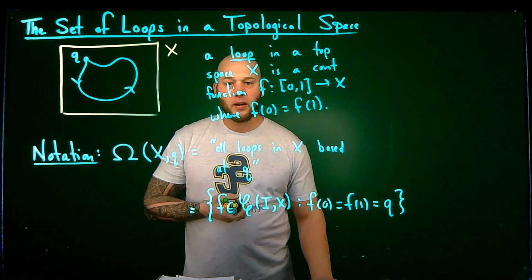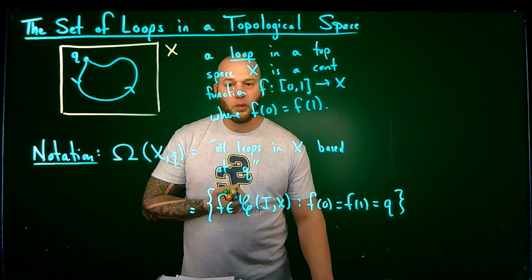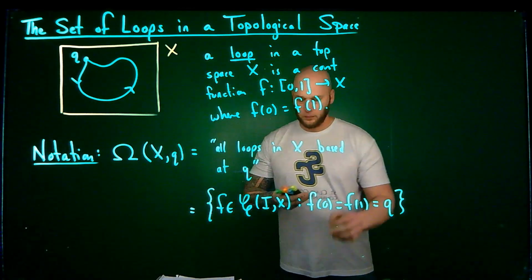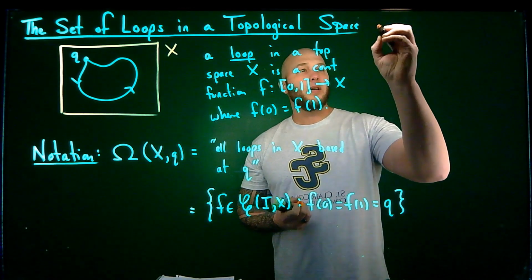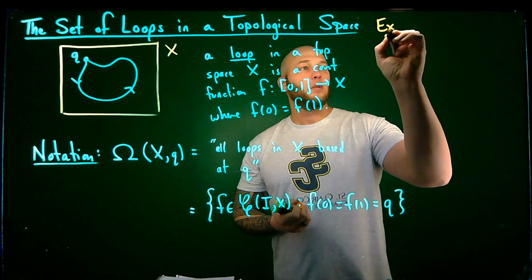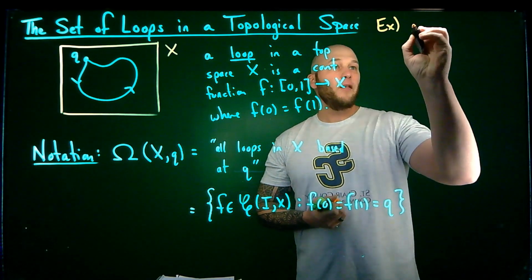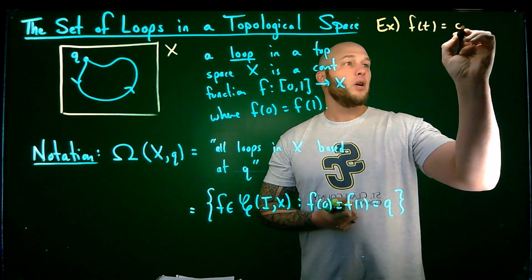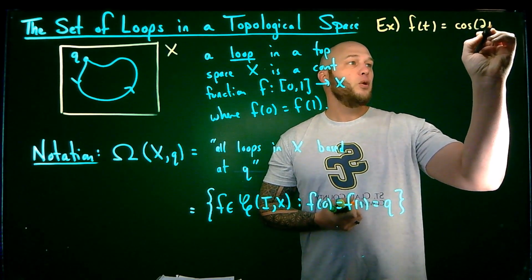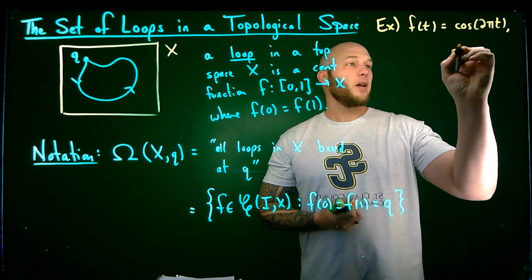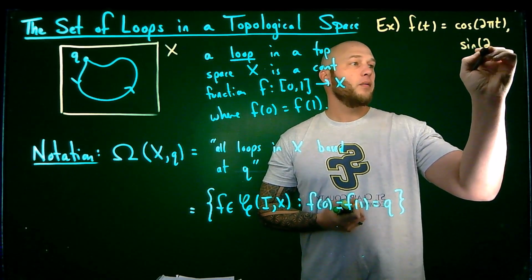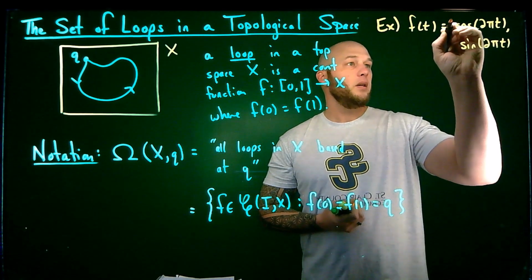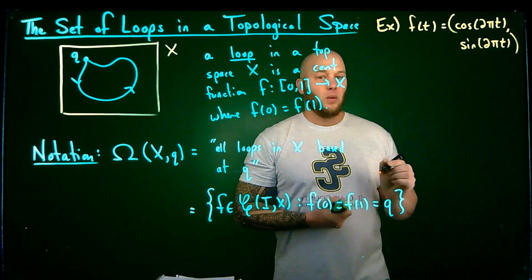Let's start by looking at a specific example of a couple of loops. For example, let's say f(t) = (cos 2πt, sin 2πt).